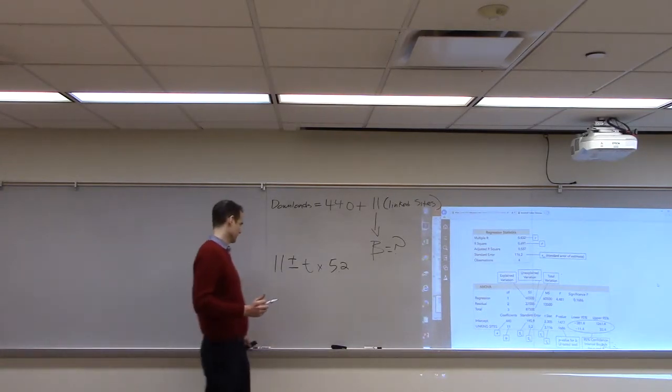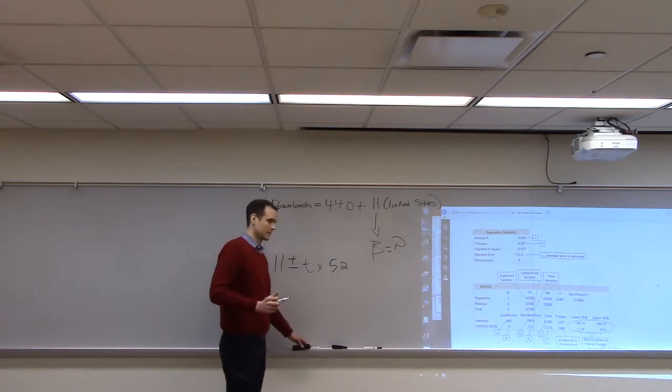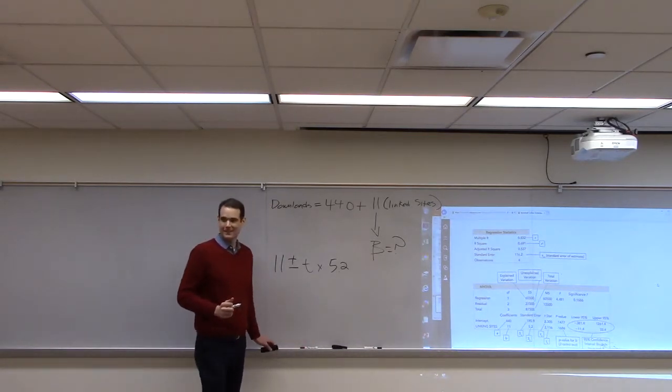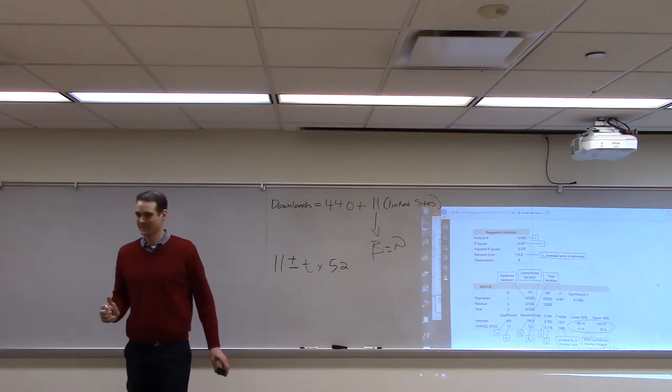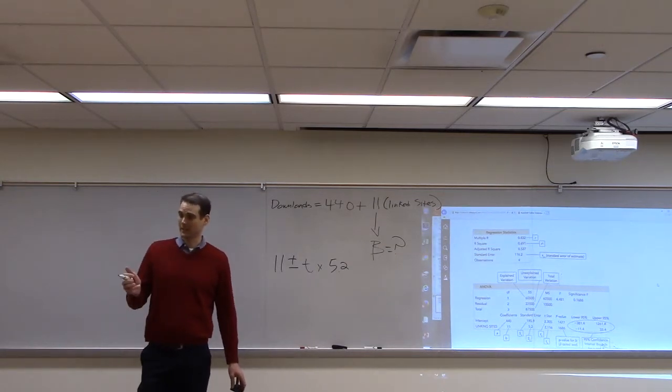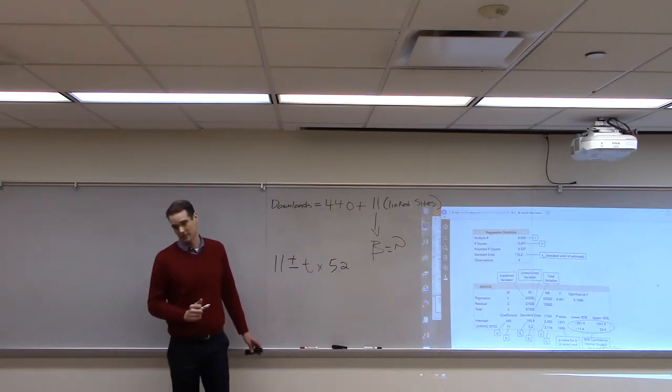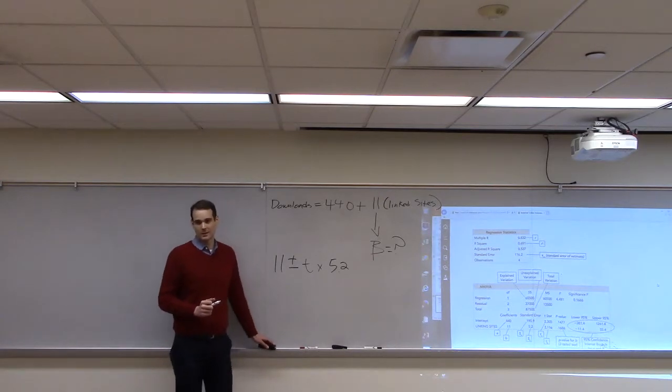How many degrees of freedom? N minus 2 is degrees of freedom. So is it 4 minus 2?